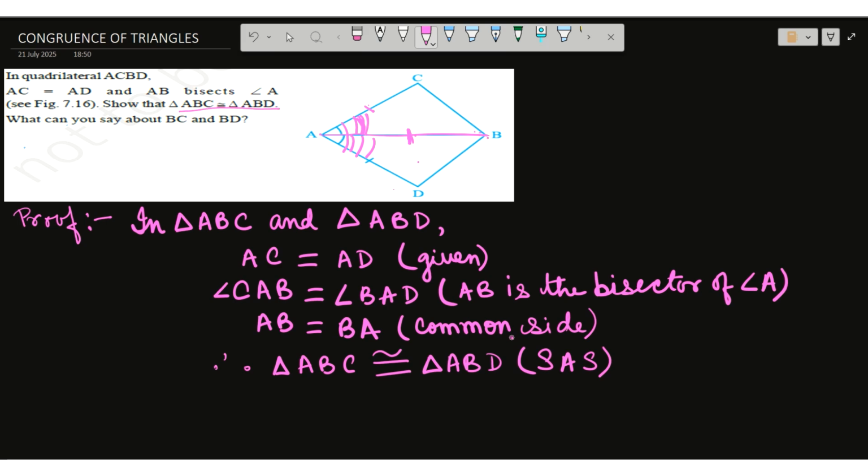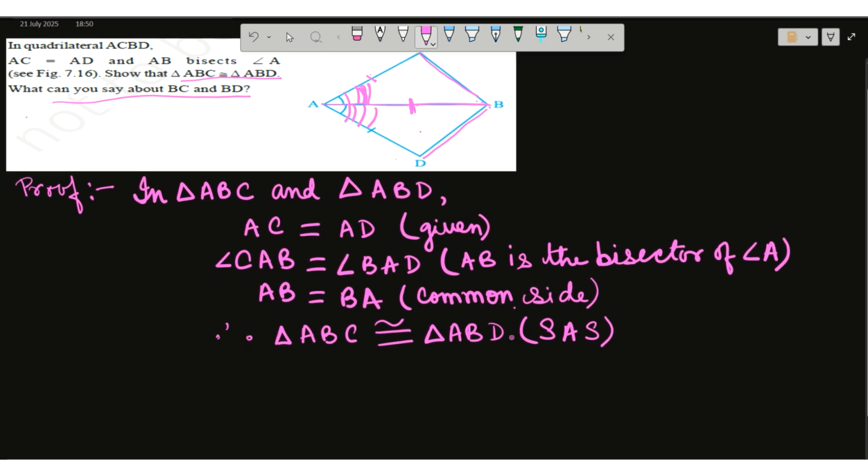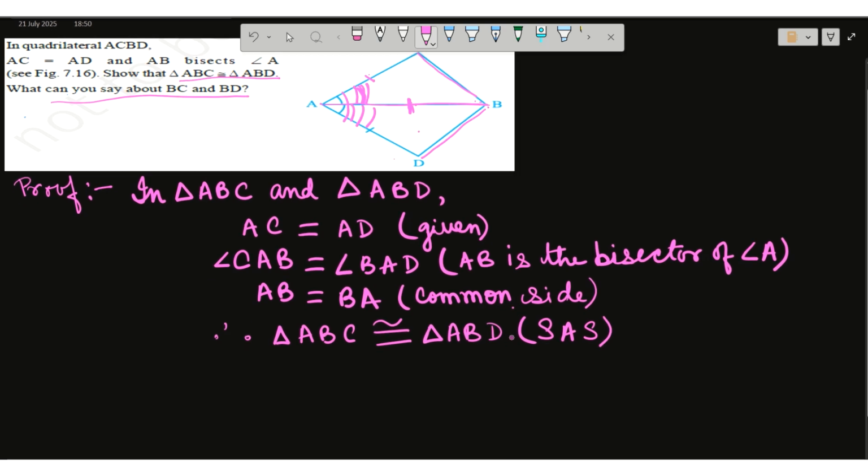Now next we have to prove what can you say about BC and BD. We have one property of congruent triangles, that is CPCT.